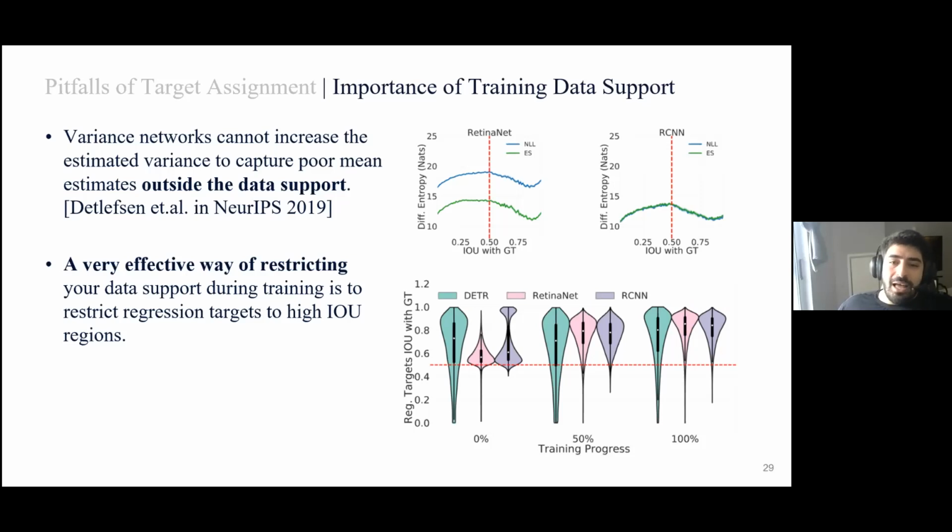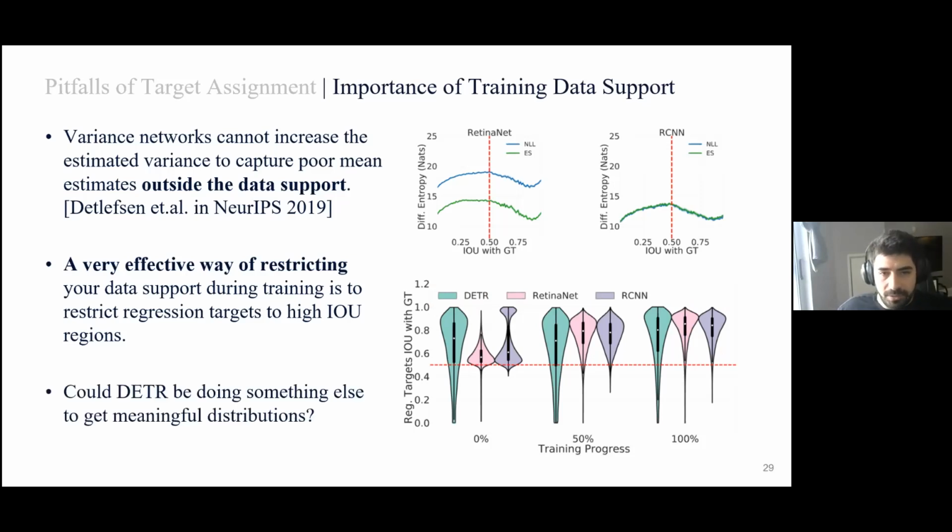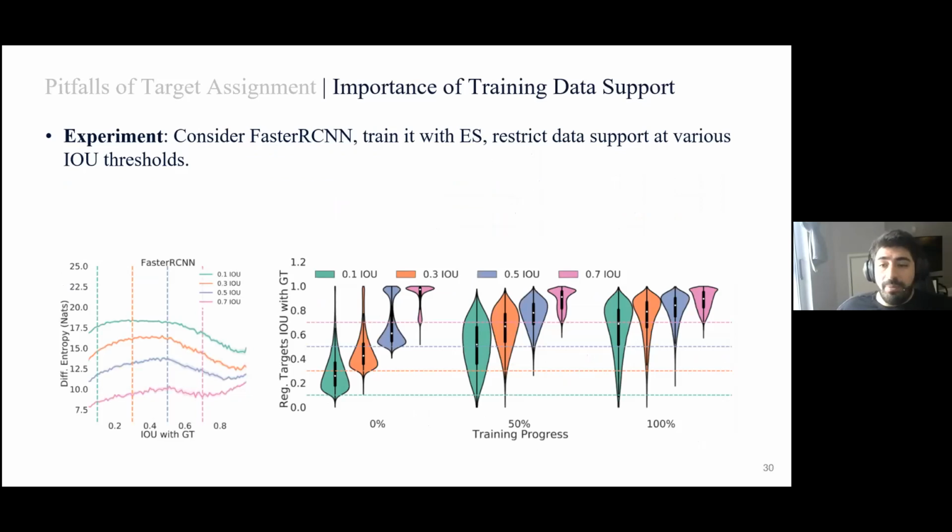The question that I asked myself after realizing this is, what about the other differences in architecture? What if DETR has done something else that resulted in better predictive distributions? To answer this question, I did a controlled experiment.